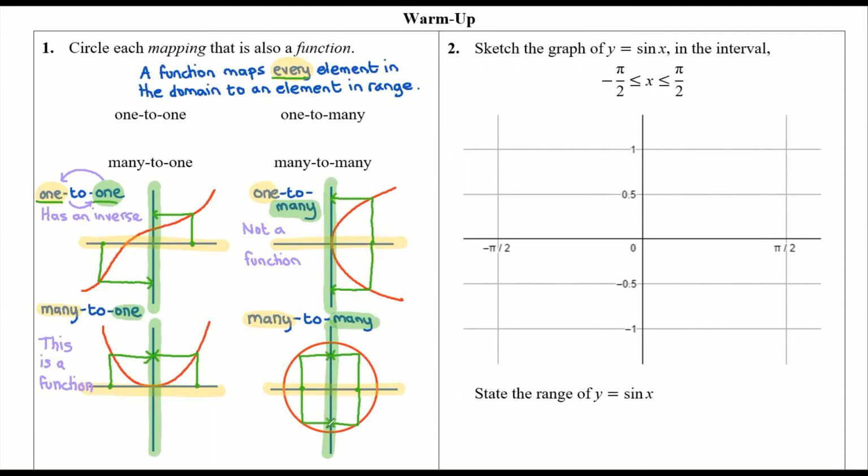So it's a many-to-many. This is not a function because it breaks the definition. So out of the mappings we've looked at, the only ones that are functions are the one-to-one and the many-to-one.